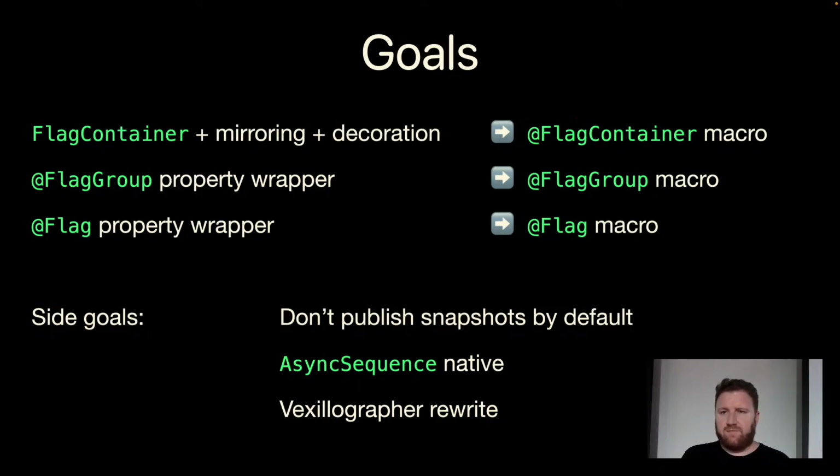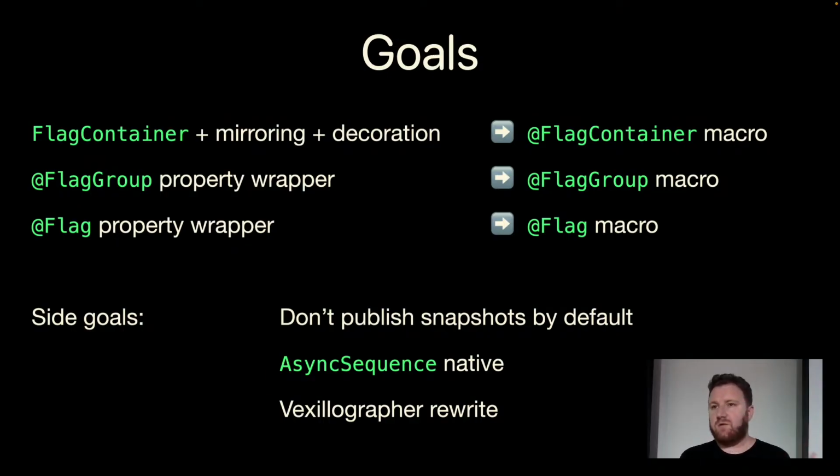Ditto, the @flag_group property wrapper is actually a very, very simple macro, and the flag property wrapper is a very, very simple macro. And we'll go through with this how we actually came to those. But I won't go into the detail of the other ones that are there, just for time's sake. I don't think you want me standing up here for 40 minutes talking about things.